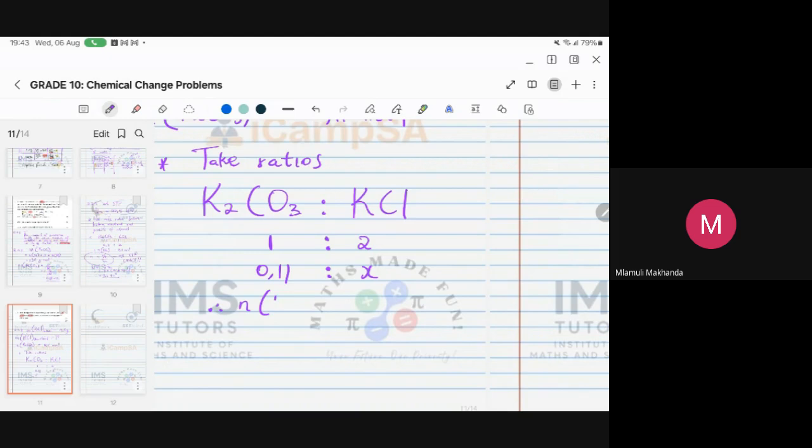In KCl, remember, we just cross multiply. We've done quite a number of these exercises where we have to cross multiply, so I expect you to at least know what's happening at this part of the calculation. So this is 2 times 0.11, which gives 0.22 mole. If you don't remember, you can go back to our previous lesson.